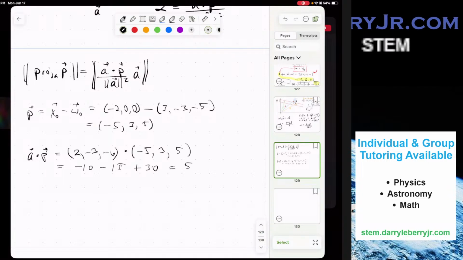I'm curious what would happen if the numbers on my vector were opposite. I would have a plus 10.